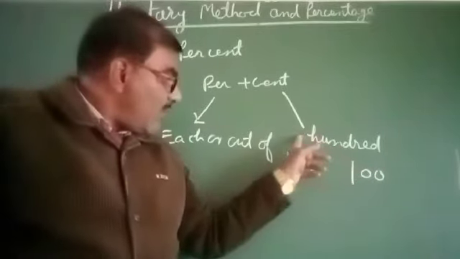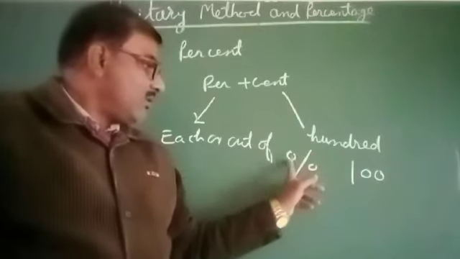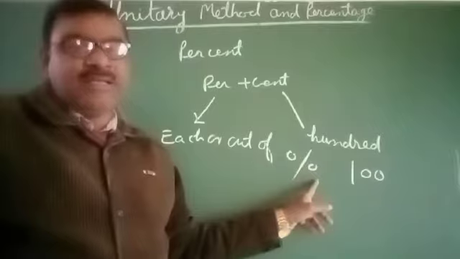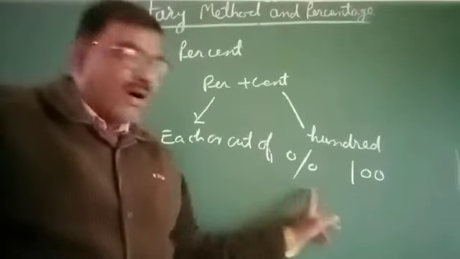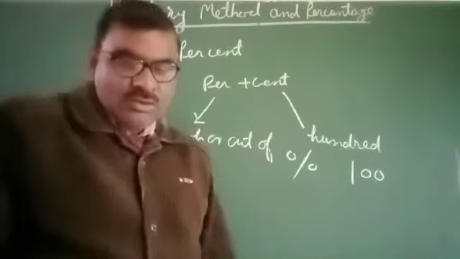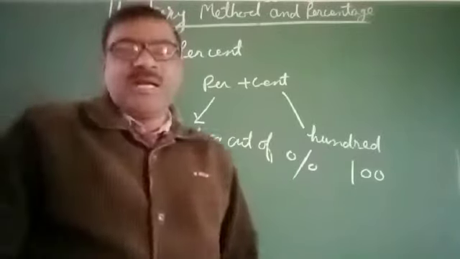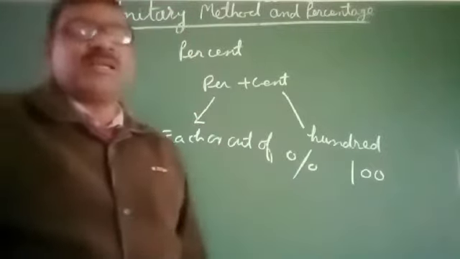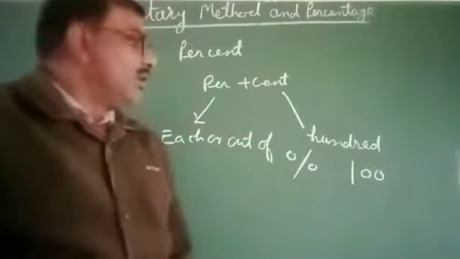So in the percent sign, here is a slash, and here is 0 and here is 0. So this symbol is taken from 100. I hope this is clear to you, that percent means out of 100.